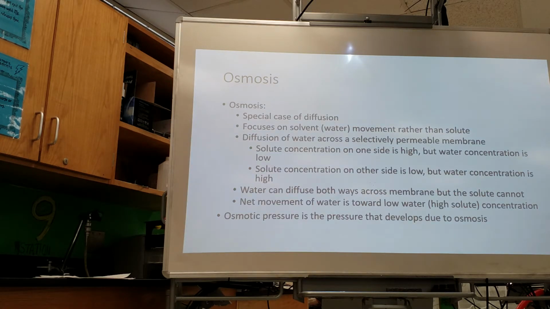Osmosis is another special case of diffusion. In this case, it's the diffusion of water. This water will usually have stuff dissolved in it. We're not focusing so much on the solute, which is what is dissolved in it, as we're focusing on the solvent, the thing that it's dissolved in. So you usually have a selectively permeable barrier, and the thing that can cross tends to be water.